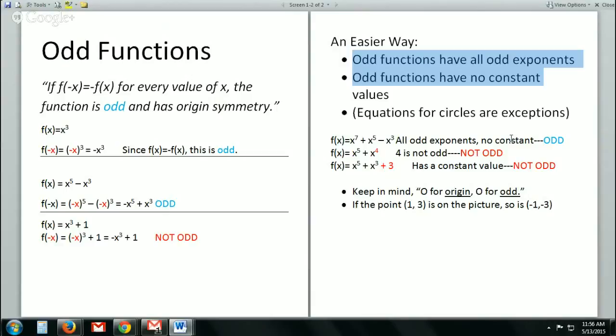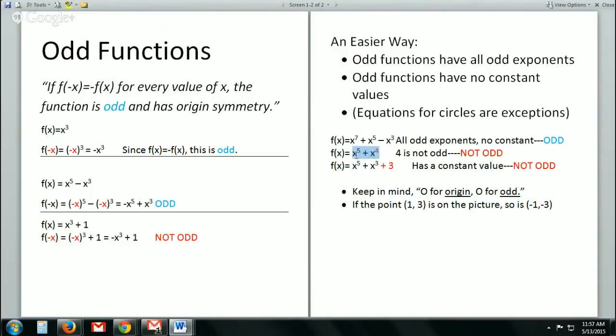So to identify an odd function, we're looking for all odd exponents and no constant. Here, x to the seventh plus x to the fifth minus x cubed, all odd exponents, no constant, it's good. That makes it an odd function.